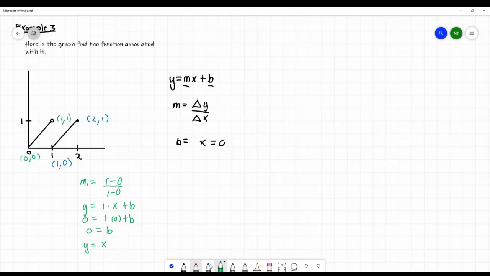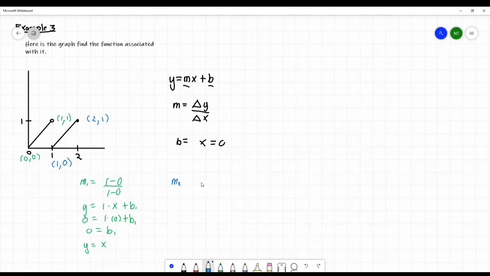Now let's find the equation of the second line, guys, and we'll do that in blue. The second line, we'll call it m2. And technically, I should call this b1, because it's the b of the first line. So m2, let's find the slope. We need the change in y divided by the change in x.